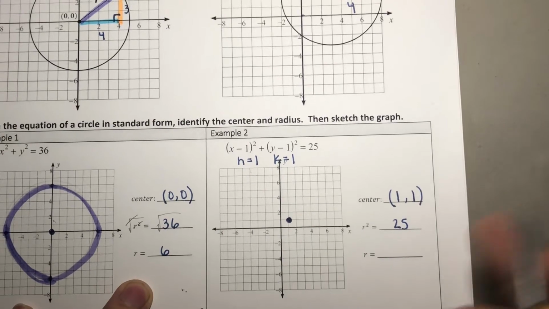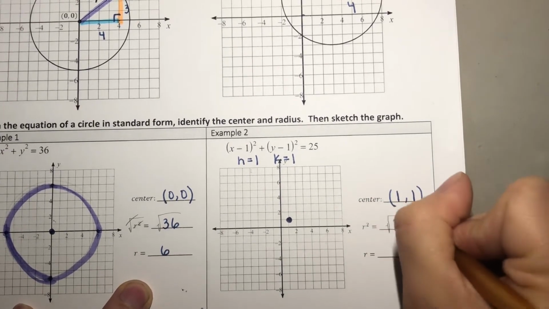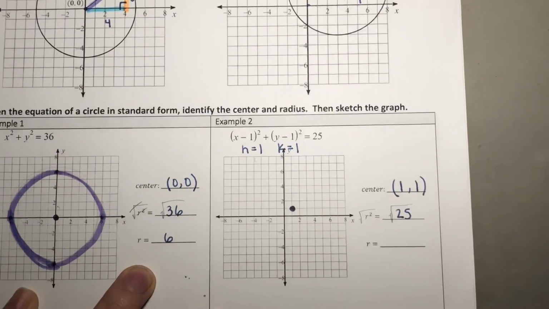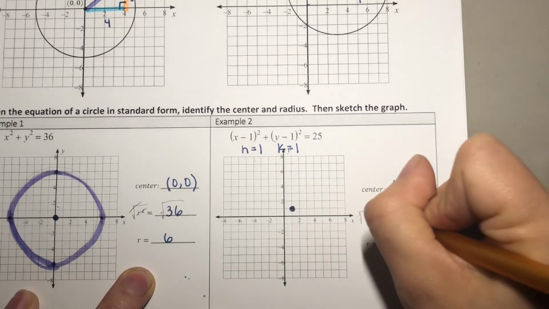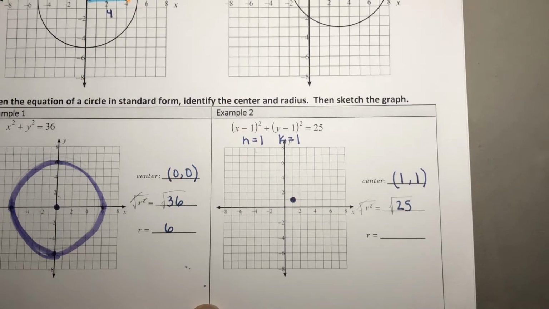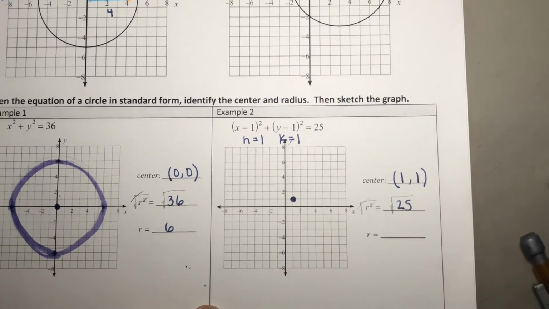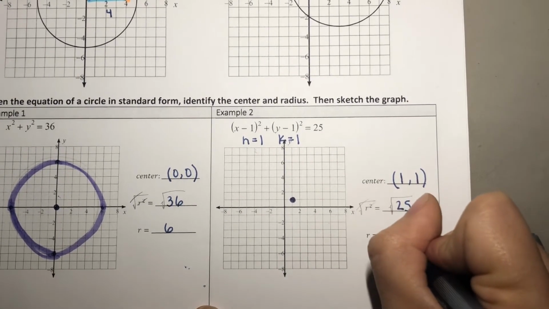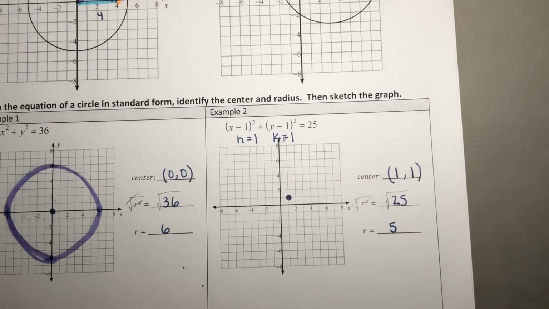Now we want to finish solving for r. To solve for r, we're going to take the square root of both sides, because the square root eliminates the square. The square root of 25 is 5. So now we know that the radius is 5 units.